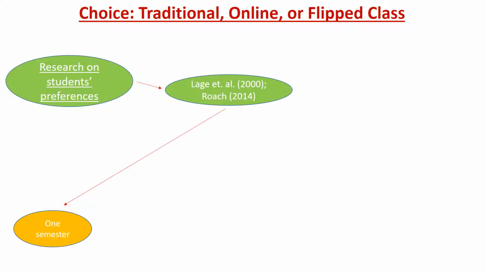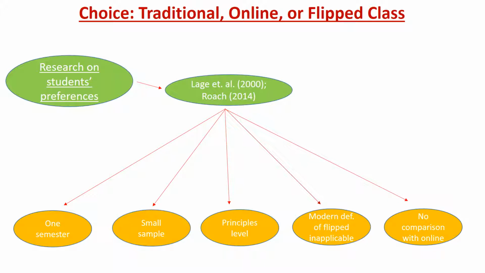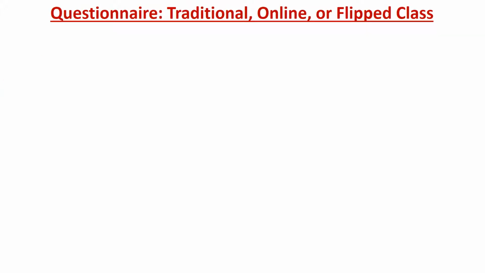It was just for one semester that he conducted the survey. It was a very small sample of 96 students, and this was just done at principals level. And the modern definition of flipped classroom is not really applicable, in the sense his was a case of a partially flipped classroom, and then he made no comparison with online classes.